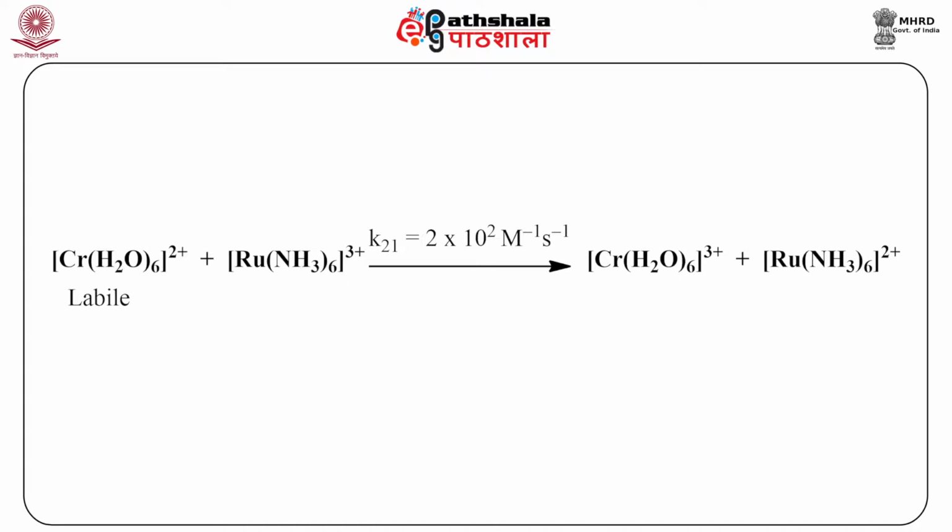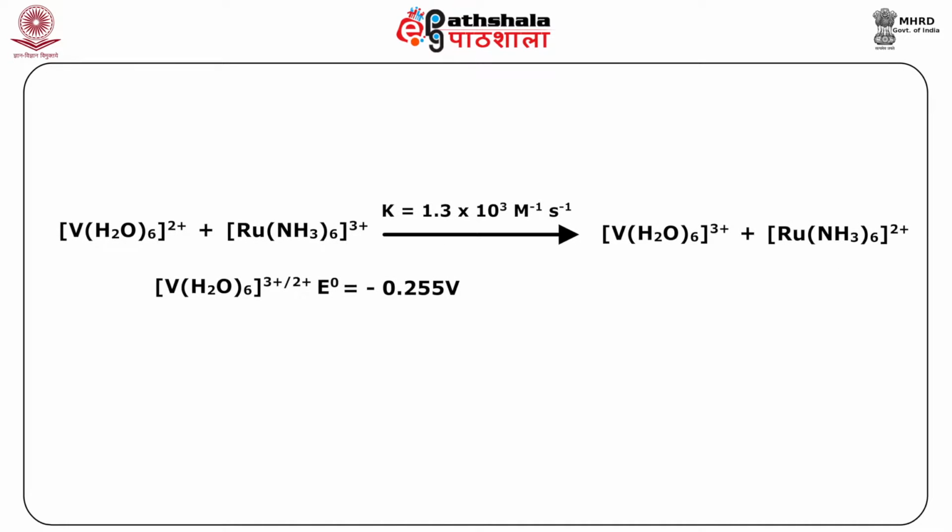Now this reaction proceeds with the rate k21 equal to 2 into 10 to the power 2 mole inverse second inverse. On the other hand, if we replace chromium 2 by vanadium 2, remember chromium 2 is d4 configuration while vanadium 2 is d3 configuration. So if in the previous reaction we use vanadium 2 instead of chromium 2, what will happen? Vanadium hexaaqua complex is not at all labile like the chromium hexaaqua complex.